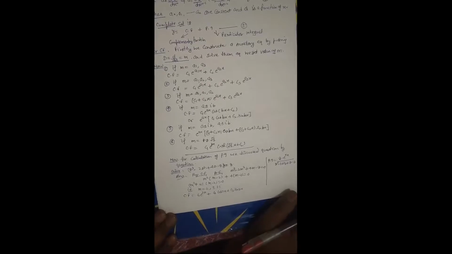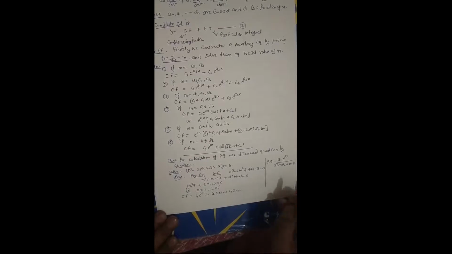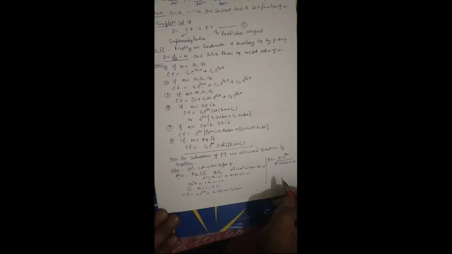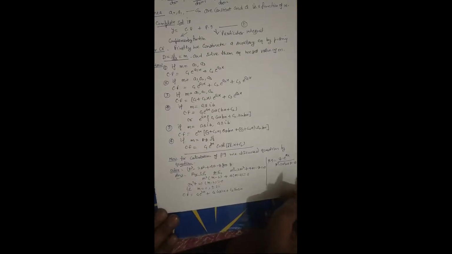Now PI is 8, that is 8 into e^(0x), divided by D^3 minus 2D^2 plus 4D minus 8. For PI, the rule for e^(ax) is that in the denominator we put D equal to a, where a is the coefficient of x.